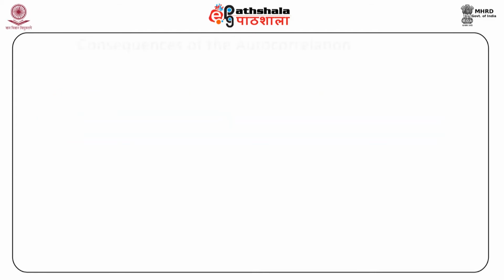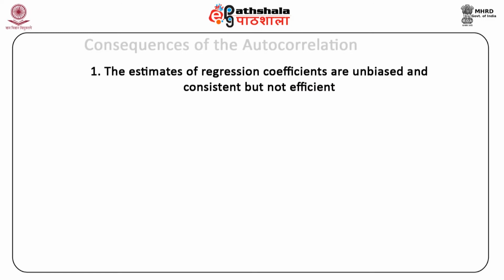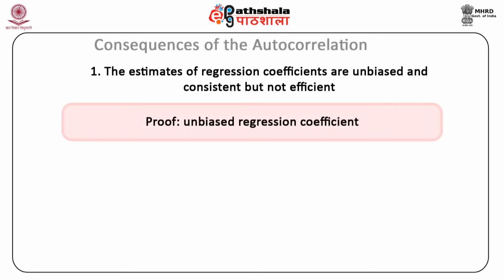Now we will study the different consequences of the autocorrelation on the regression coefficient. First, the estimates of regression coefficients are unbiased and consistent, but not efficient. Let us see the proof of unbiased regression coefficient.